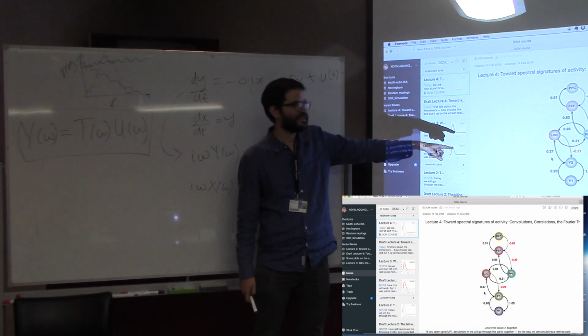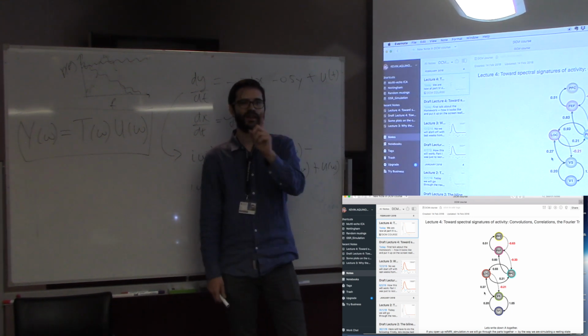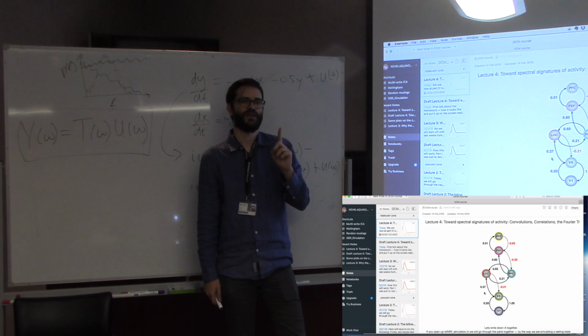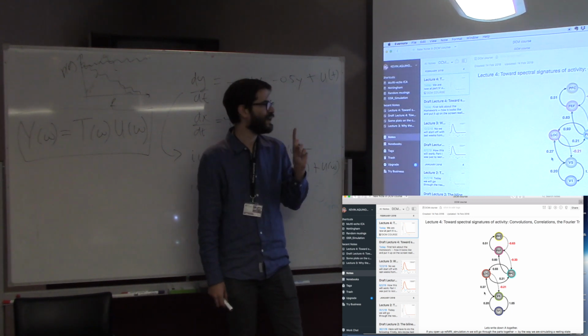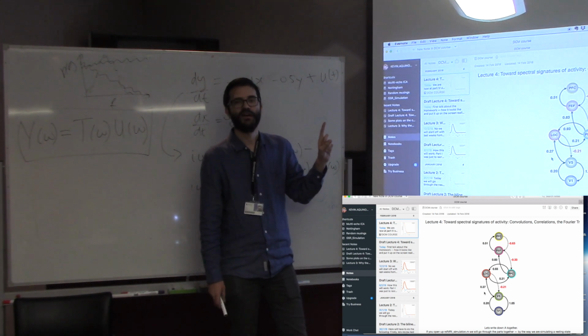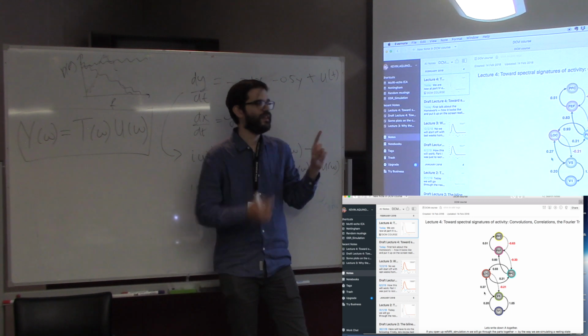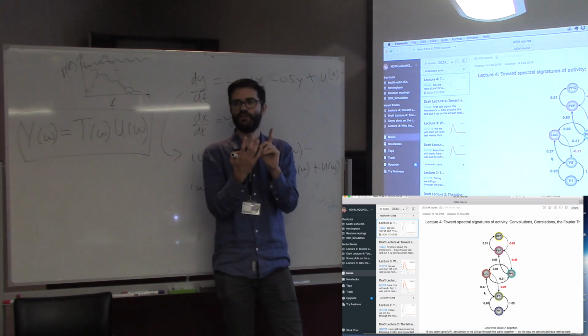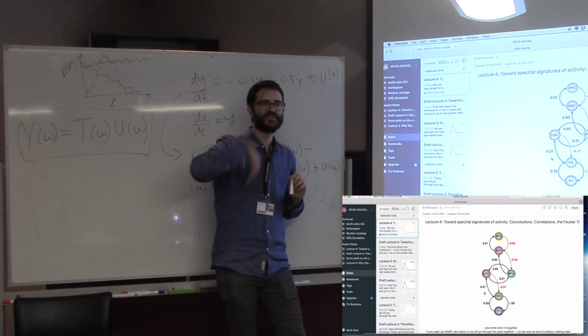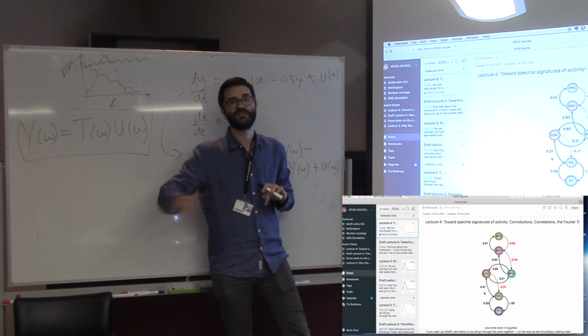This is like 6 nodes. If I put 100 nodes in here, just simulating it once will take me a long, long time, maybe a few minutes. What DCM does is try to find the best parameters. So when you do DCM, you're redoing this simulation over and over again, maybe millions of times.